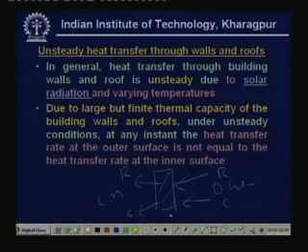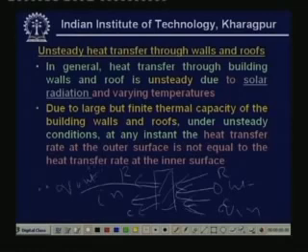You find that whatever heat transfer is taking place here is not the same as whatever heat transfer is taking place from the inner surface to the conditioned space. That means if this is Q in and this is Q out, then Q in is not equal to Q out. This comes into the picture because of the thermal storage capacity of the walls.